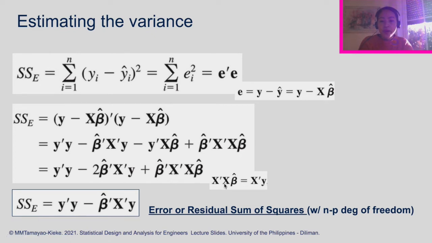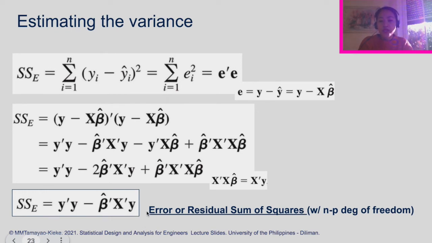Now we remember that X'X beta hat is also equal to X'y. Therefore, this simplifies to SSE equals y'y minus beta hat'X'y.